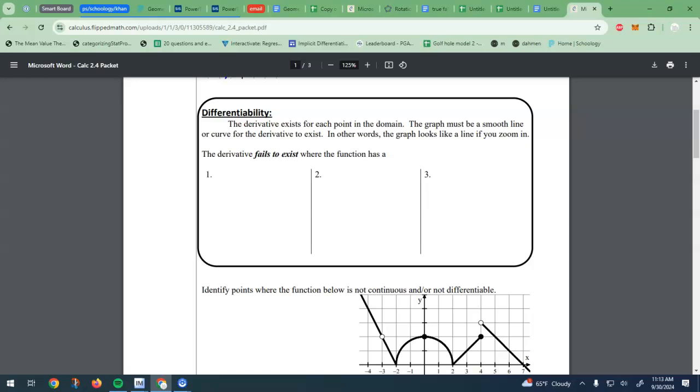The second way it could not be differentiable is a discontinuity. There are three types of discontinuity. You have the hole, which is what kind? Removable. Then something like that, which is a jump.